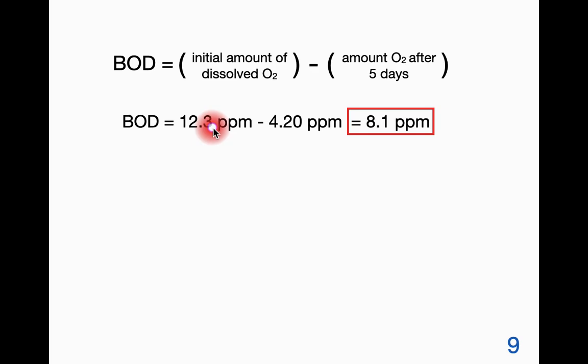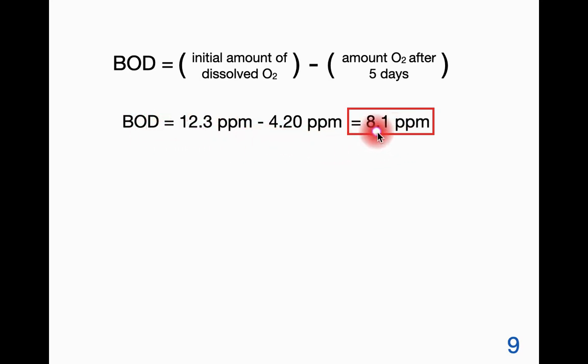Now, I should point out, it doesn't matter what the amount of oxygen is. You can just take a straw and blow bubbles into a glass of water and oxygenate it, increase the amount of oxygen that you have in the water. What's important is the amount of oxygen that is consumed after a certain amount of time. So biological oxygen demand is the amount of oxygen that was consumed.